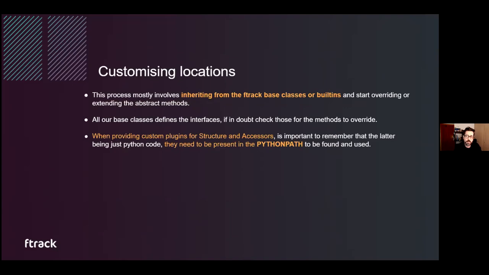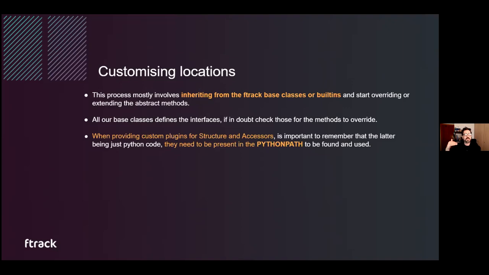So code-wise, what you will have to do is import one of our base classes or built-in modules, whether location, structure, or accessor, and start overriding the various methods that compose the interface of the objects. And mostly that really means overriding the abstract methods of it, and providing similar functionalities.